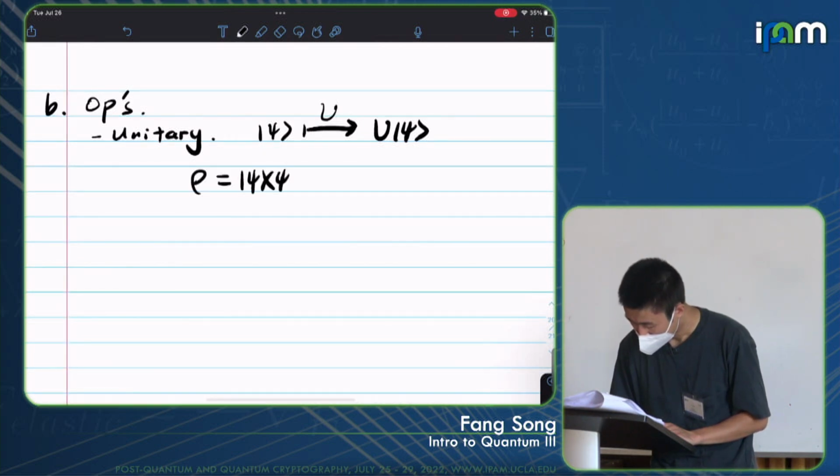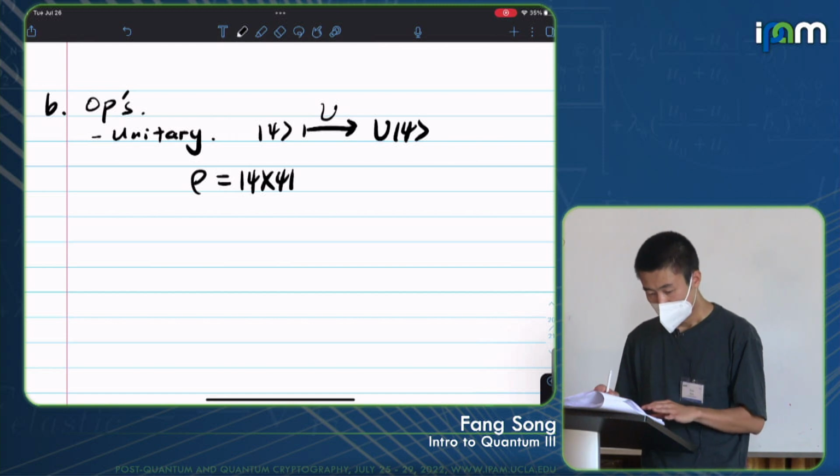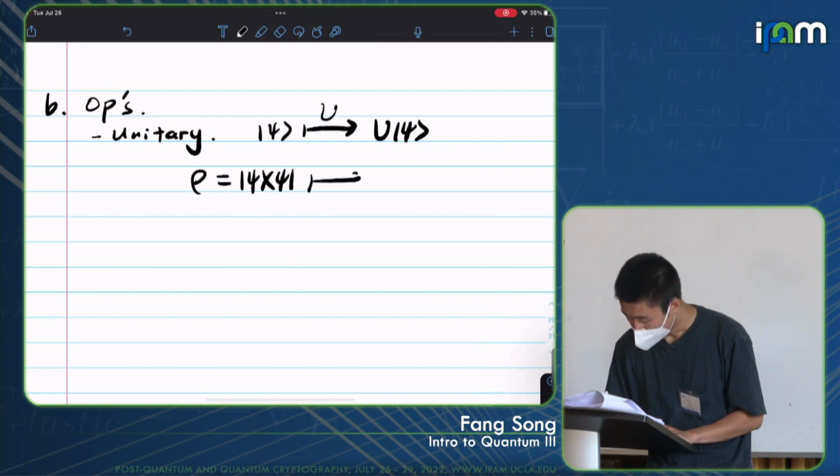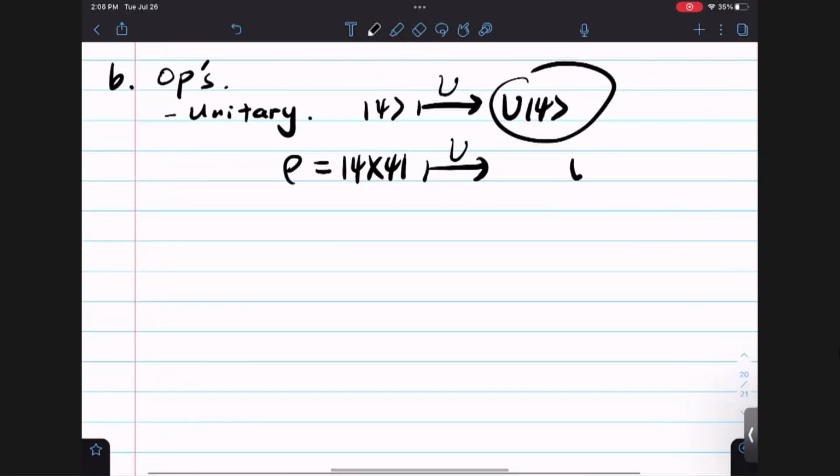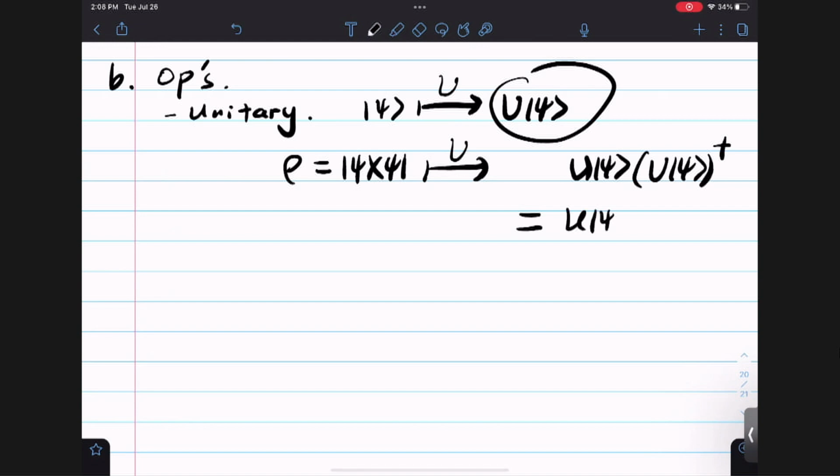The input density will be ket psi, bra psi, and under this unitary we can write the state in outer product form. So we have U psi and U psi dagger, and that will give us U ket psi bra psi U dagger.